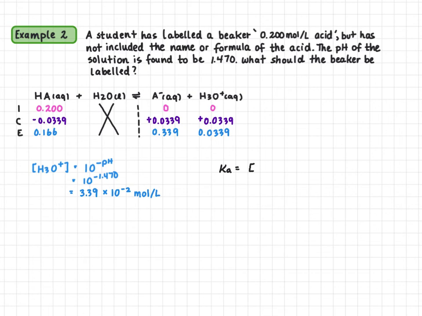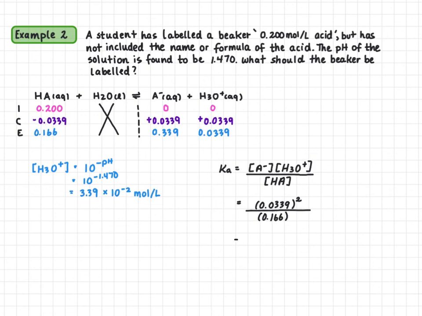Our Ka value is going to be our conjugate base times hydronium divided by our acid, and all of these will be our equilibrium concentrations. So we will have 0.0339 moles per liter squared on the top and 0.166 moles per liter on the bottom.